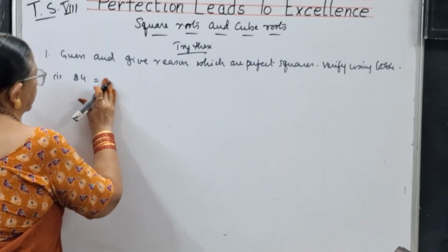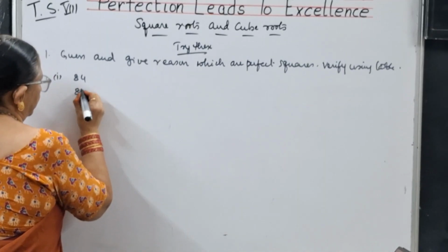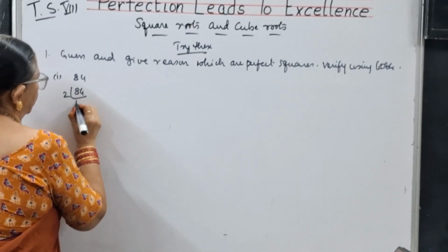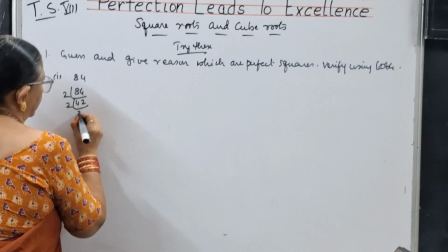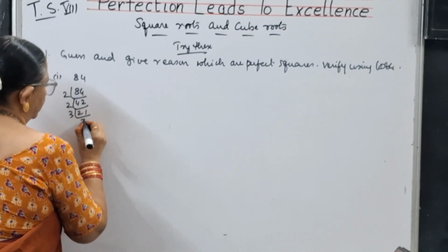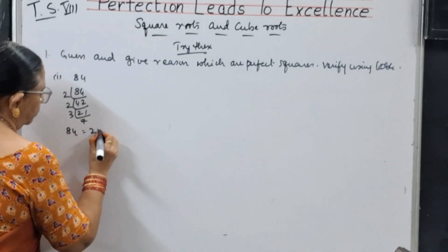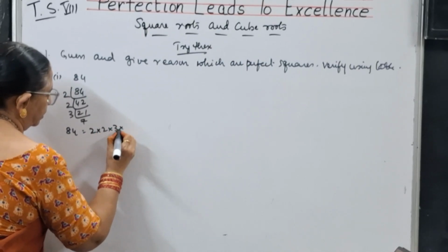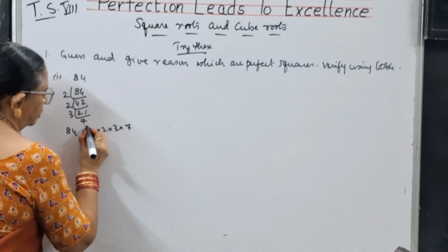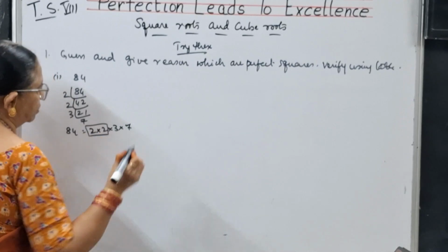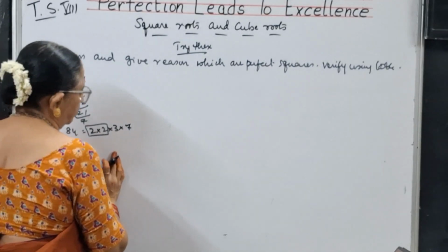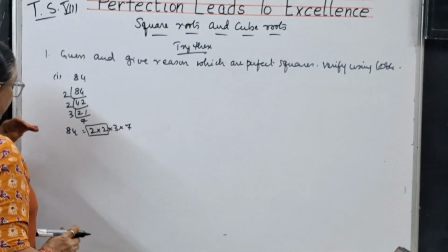So 84 can be written as 2 fours are, 2 twos are, 2 twos are, 2 ones are, 3 sevens are. So 84 means 2 into 2 into 3 into 7. So 2 into 2 are the numbers of the same type, they are multiplied. But these are not same numbers.